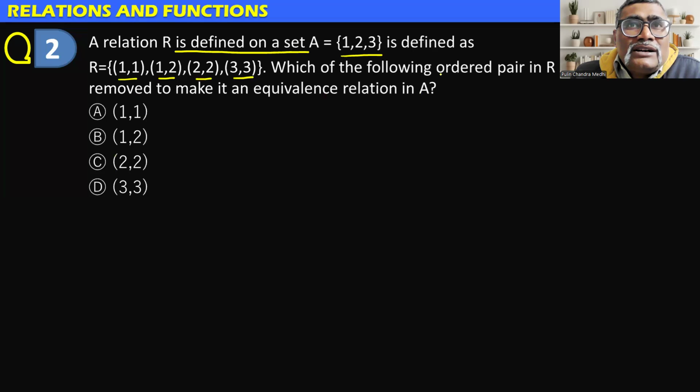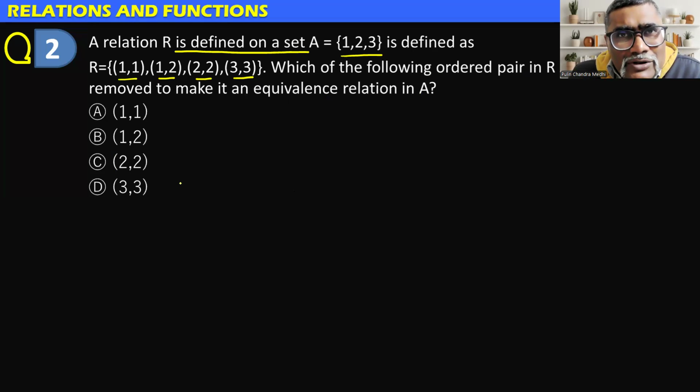Which of the following ordered pairs in R shall be removed to make it an equivalence relation on A? You have to make it an equivalence relation. So what you must remove, they're not talking about adding. So some ordered pair you must remove.